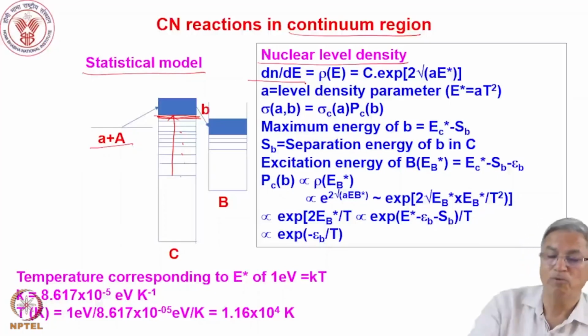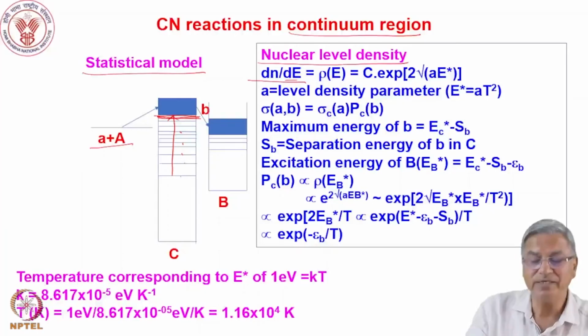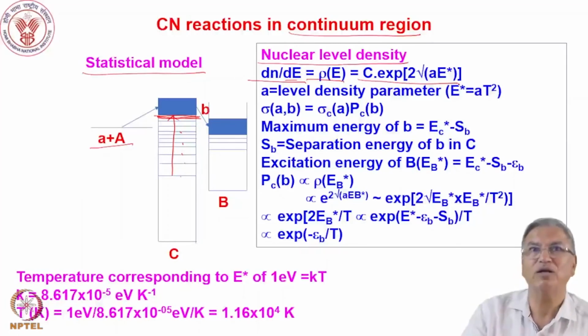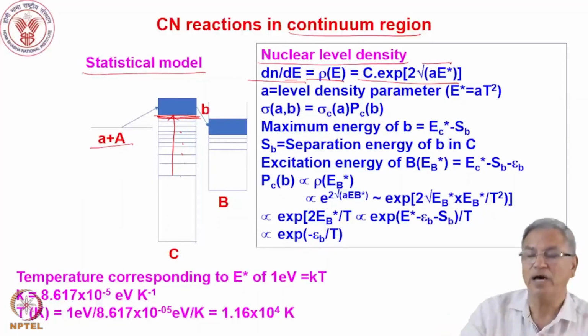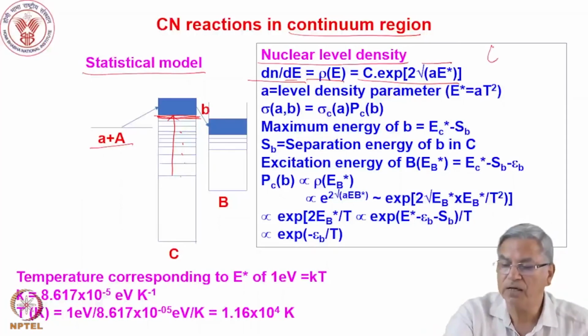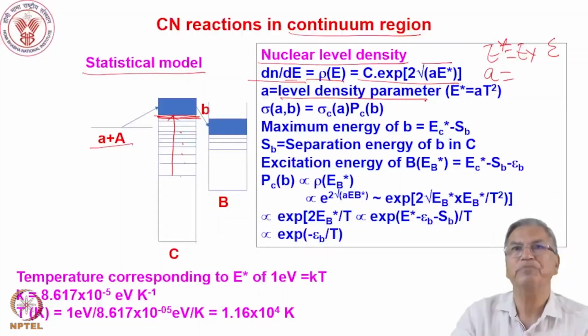This is the number of levels in a particular unit MeV energy, dN by dE equal to rho E, that is the level density, and it is given by the Fermi gas model, a parameter constant times exponential of square root of A E star, where E star is the excitation energy, and A is called the level density parameter.